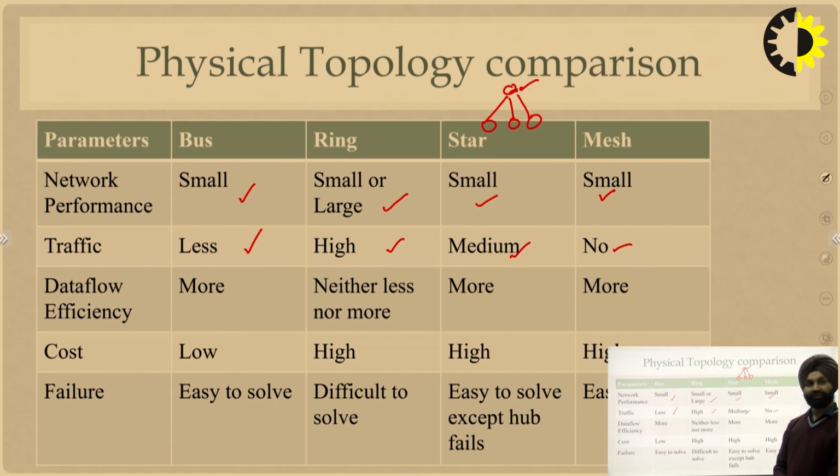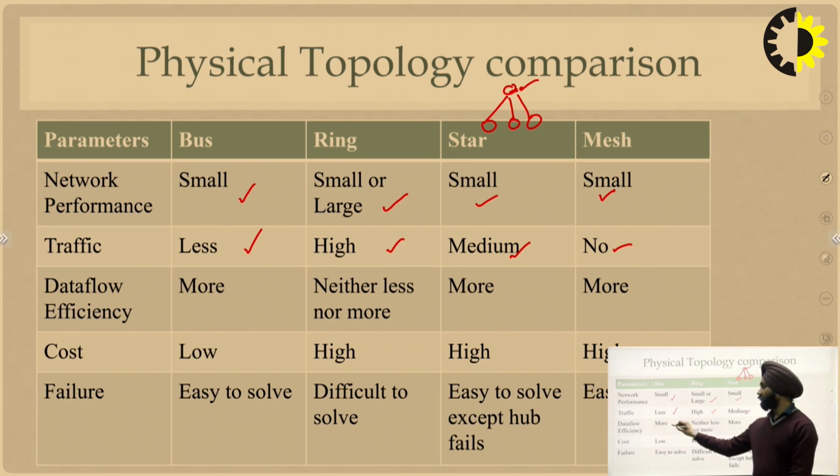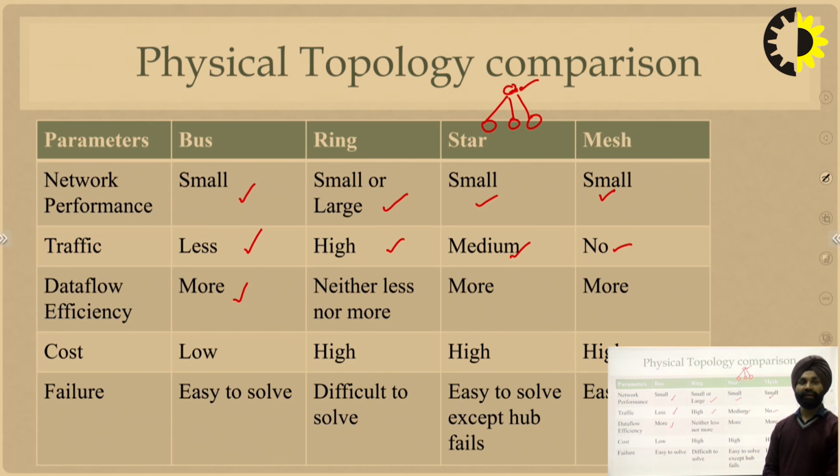Data flow efficiency: the bus has only one line, so there will be more data flow efficiency. Central point control is there, so the star topology also has more efficiency. The mesh topology has a dedicated link, so there will again be more efficiency.